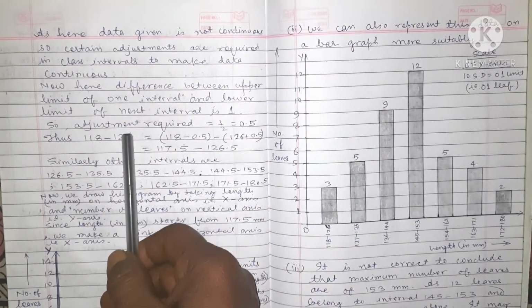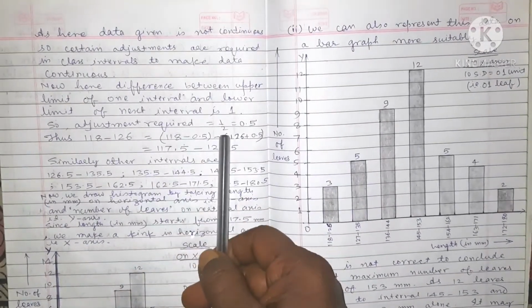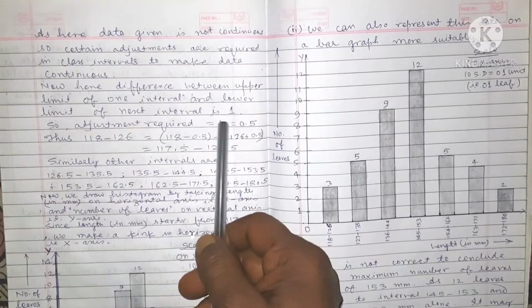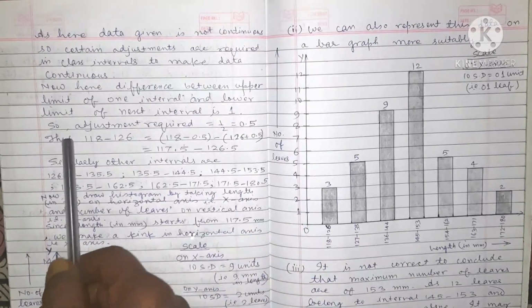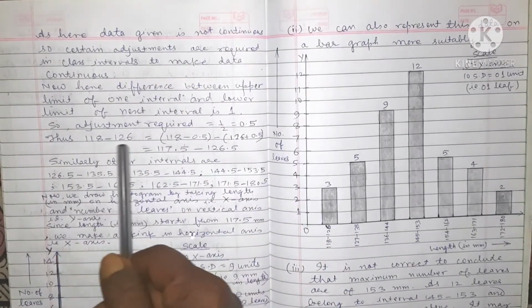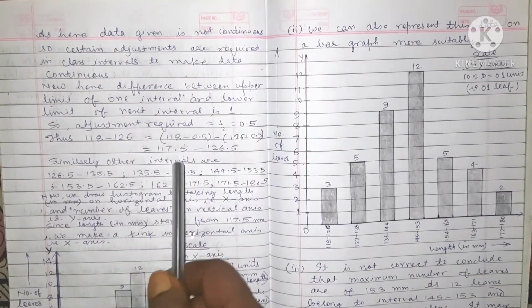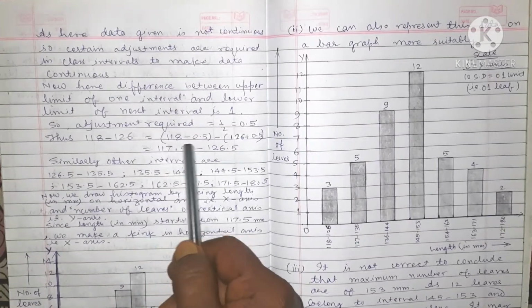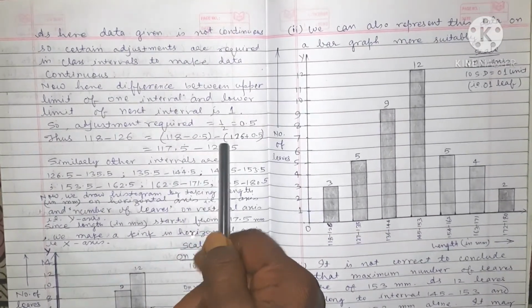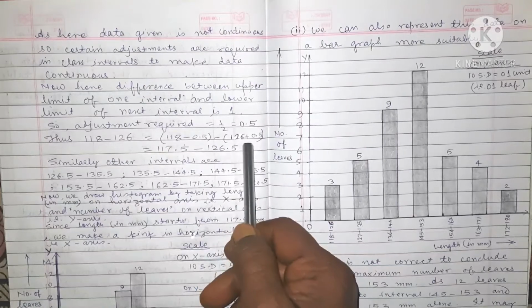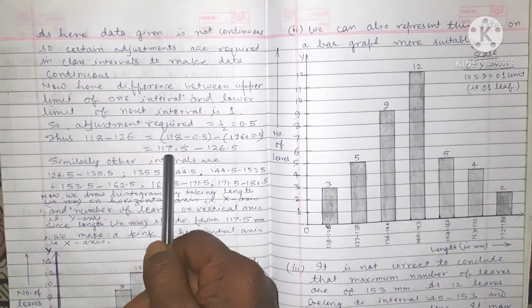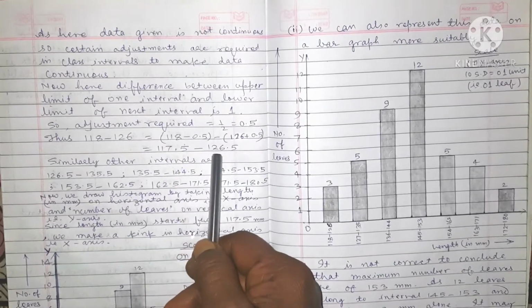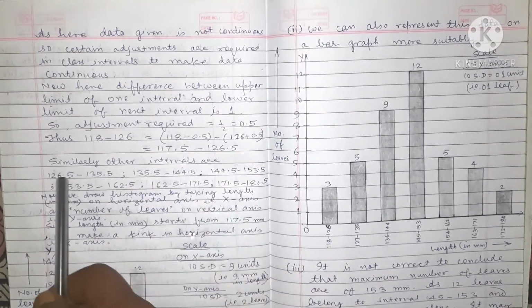So the adjustment required equals 1 by 2. When we divide 1 by 2, we get 0.5. Thus, 118 to 126 can be written as 118 minus 0.5 to 126 plus 0.5. This equals 117.5 to 126.5.